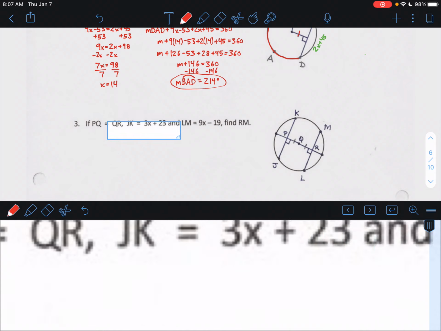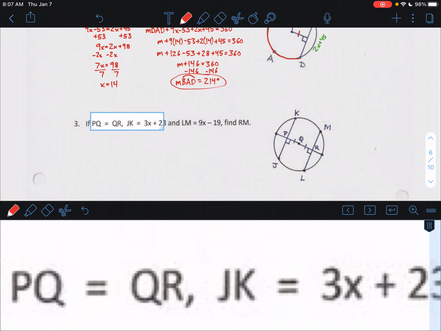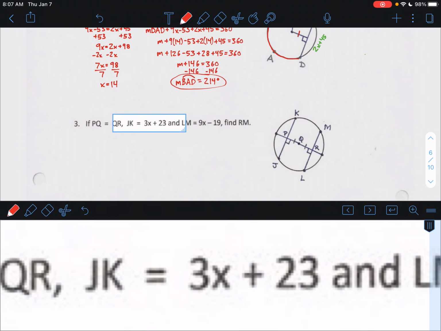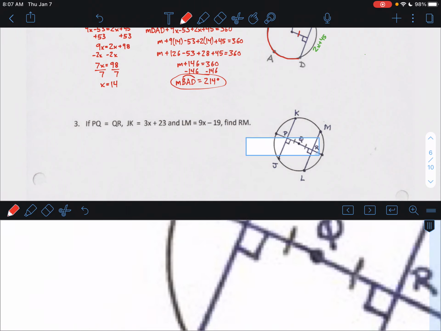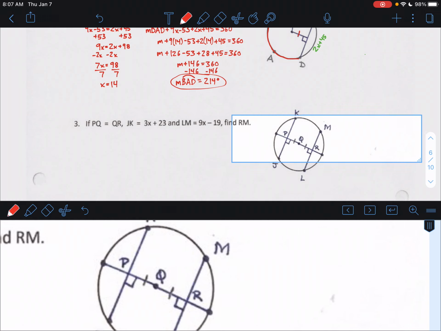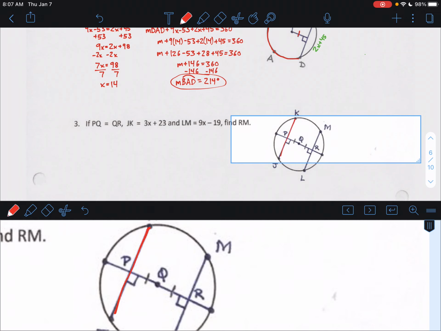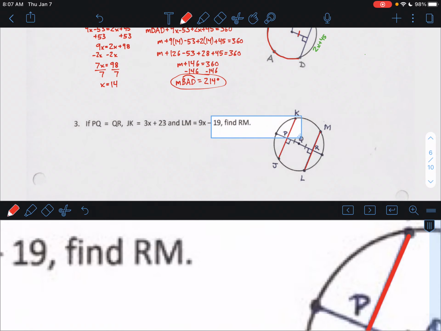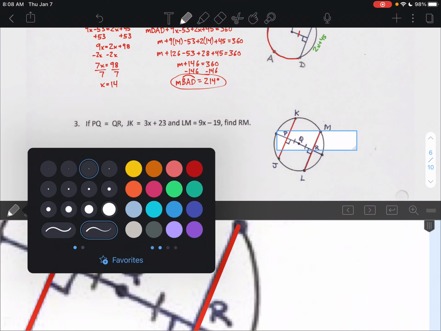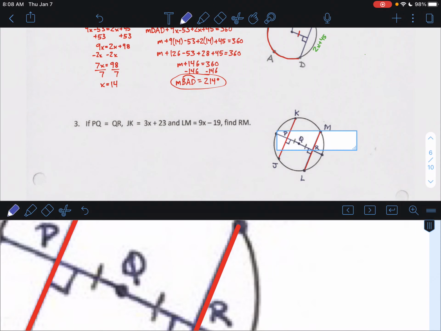It says if PQ equals QR, so they already have that marked for us, JK equals 3x plus 23, and LM equals 9x minus 19. Find RM. So we want to find RM, which is just half of LM.